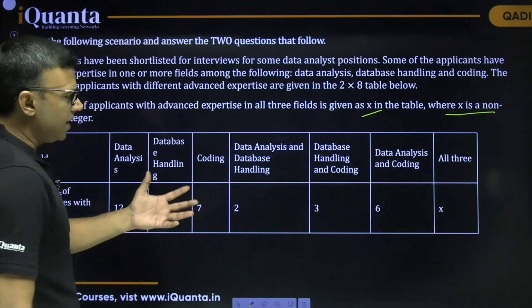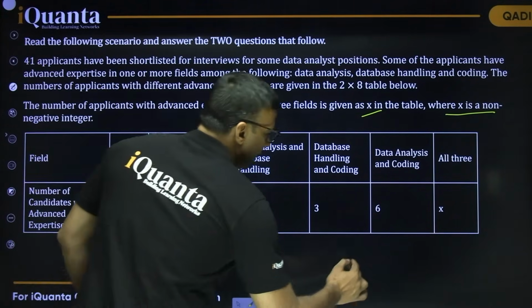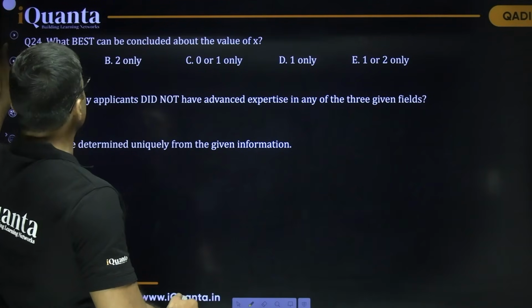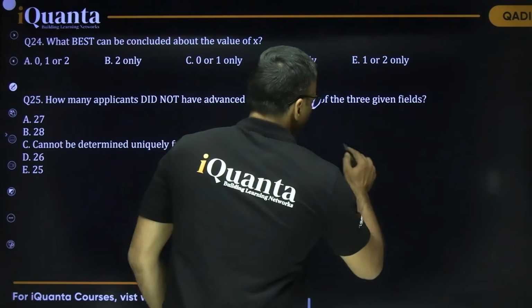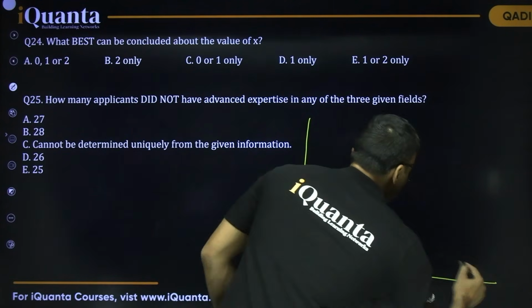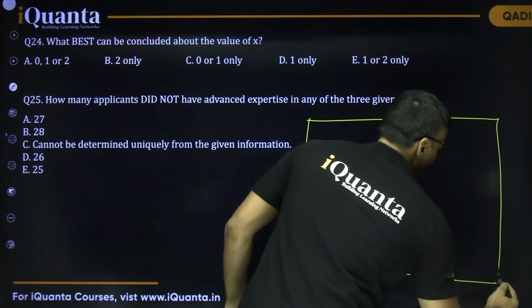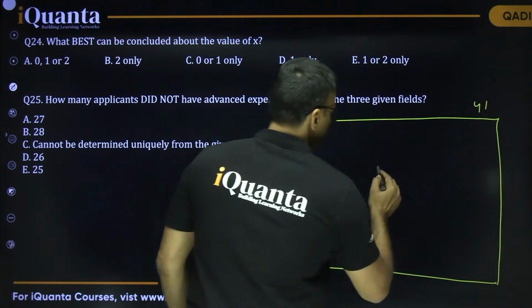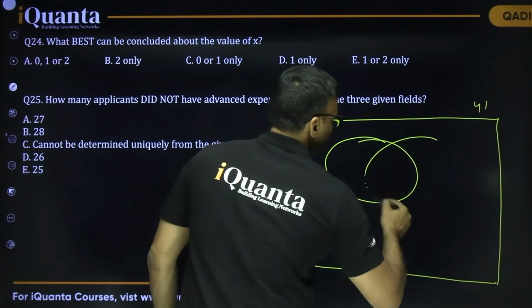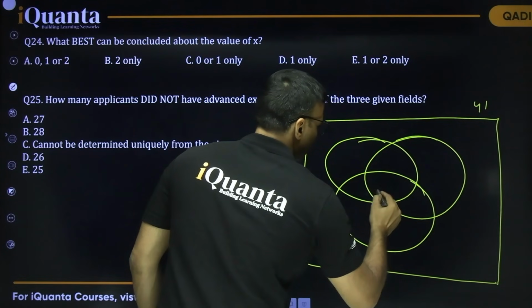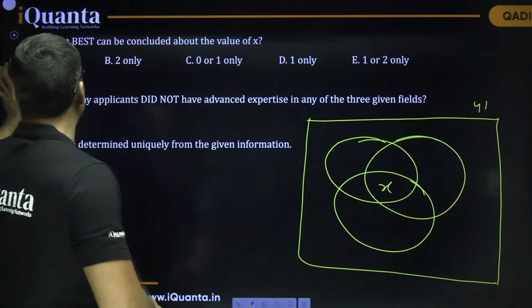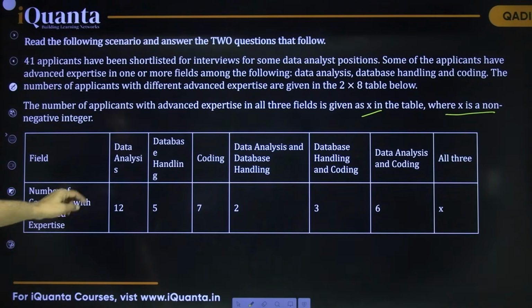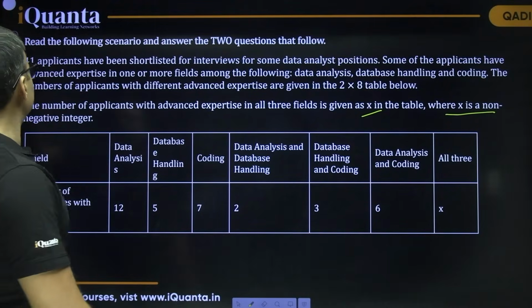Let's simply create a Venn diagram. Yeah, we'll draw the diagram here. Suppose this is the entire group of 41 people. There we have one group, there we have another group, there we have another group. All the 3 is X, I'm writing it in advance. Data analysis, total is 12.